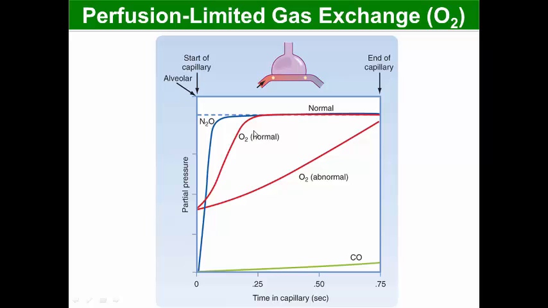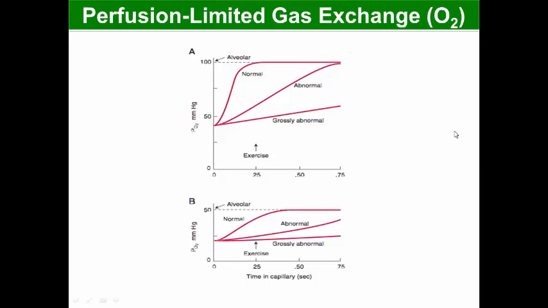This is again the normal perfusion limited exchange of oxygen, and this is the abnormal diffusion limited exchange of oxygen. This is the situation when the exchange of oxygen is grossly abnormal. This is abnormal, but this is grossly abnormal.